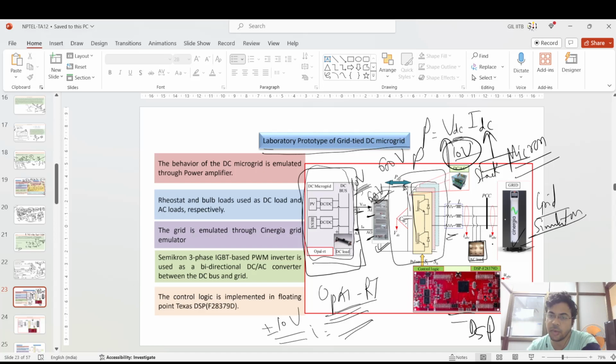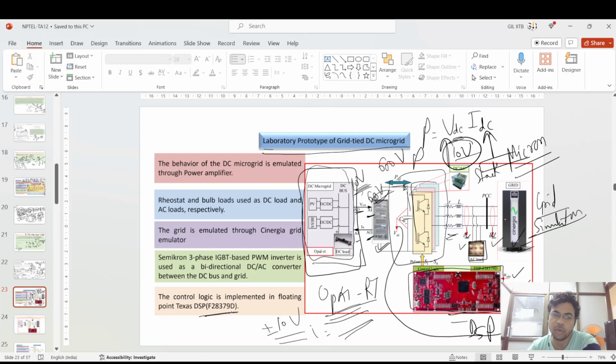And if you see the lower side, this is the DSP controller. This DSP controller takes the reference of UABC and IABC. This is the inverter side current and this is the point of common coupling voltage. It takes UABC, IABC and VDC. VDC from where? VDC from this DC voltage bus bar. Then the whole algorithm, the KP, KI and all that I have told you, is installed in this DSP controller, implemented in the digital domain.